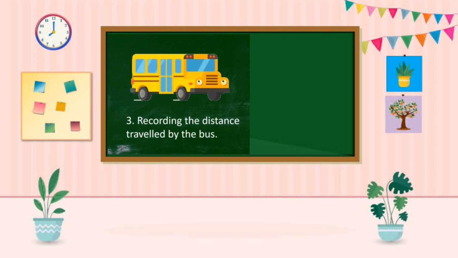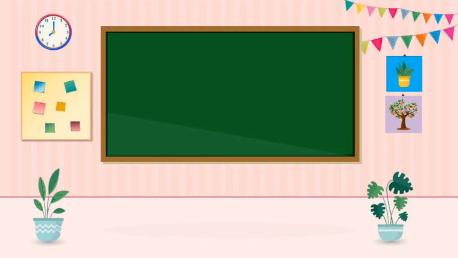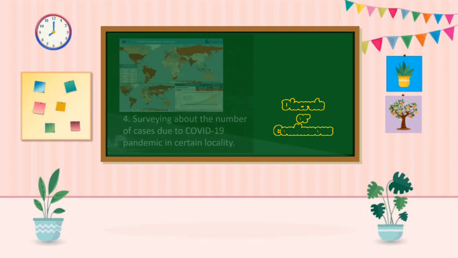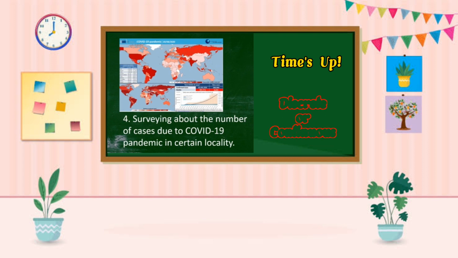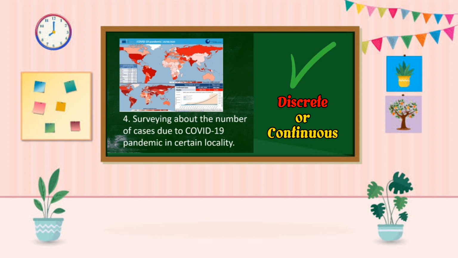Let's go to our fourth item. Surveying about the number of cases due to COVID-19 pandemic in a certain locality. If your answer is discrete, then your answer is correct. The number of cases is a countable amount.